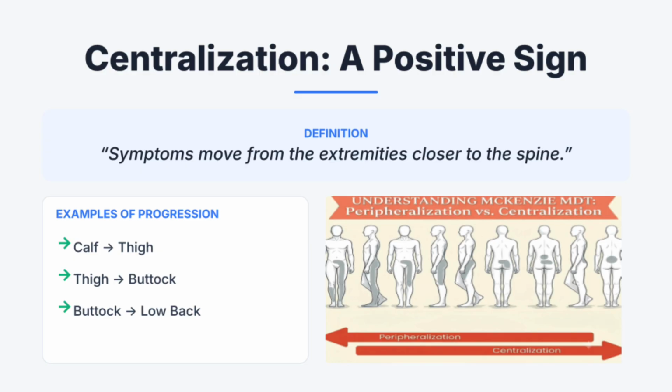And similarly, buttocks pain that after a few rounds of these exercises is now just solely in the lower back, a good sign of centralization. And we could even say that pain that is just solely in the back, but is maybe widely distributed in the back, that after doing these exercises, if it becomes more and more pinpoint, that could also be a sign of centralization and a good prognosis for that patient.